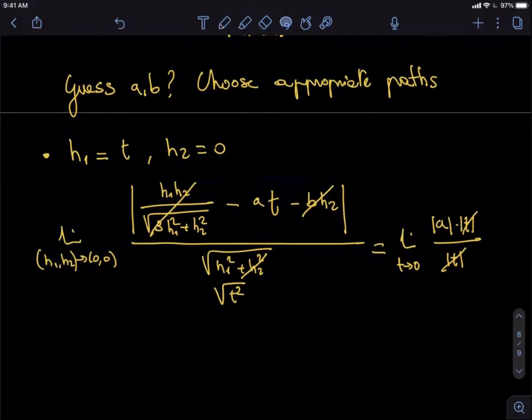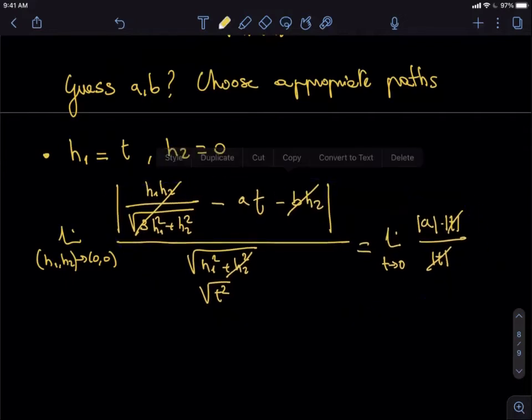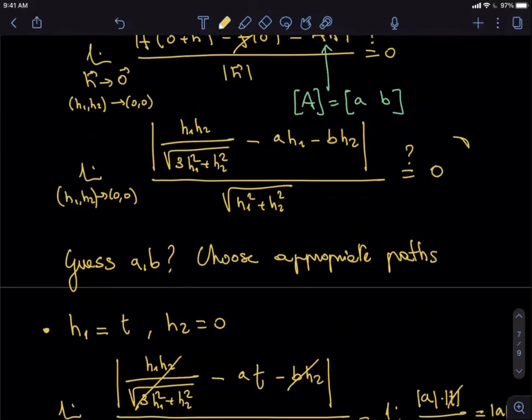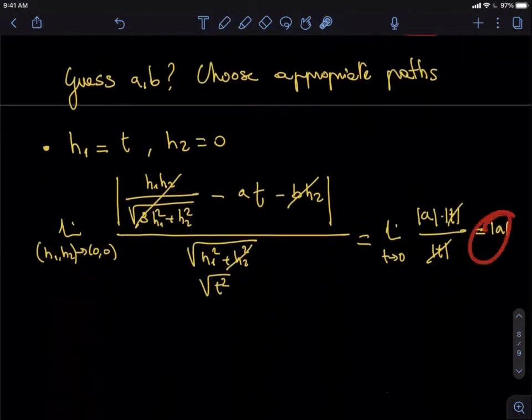But this function will only be differentiable if this limit in this particular path is 0, because that's what we are aiming for. So anything different from 0 destroys differentiability.